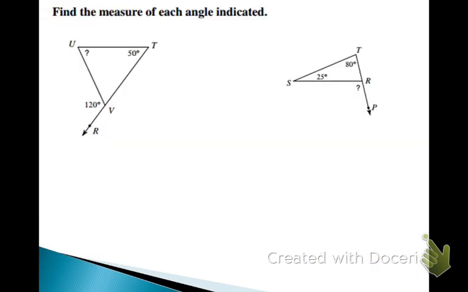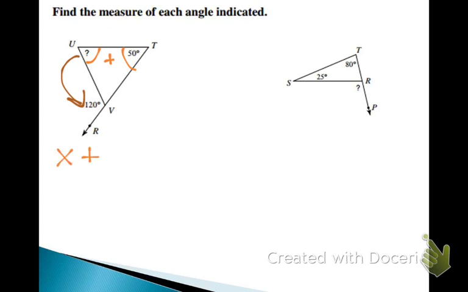All right, what are the letters, the names of my angles, that are on the interior and non-adjacent? What letters? U and T. So I'm going to add them up, and what will they equal? 120, my exterior angle. So I don't know the measure of U, that's what I'm looking for. So what could I call it? x.